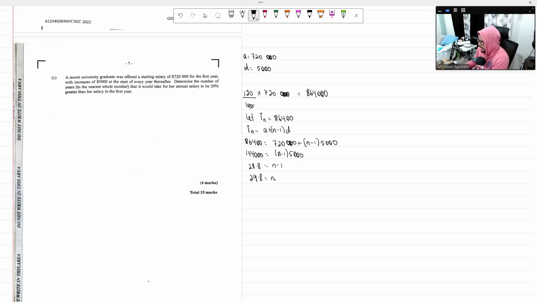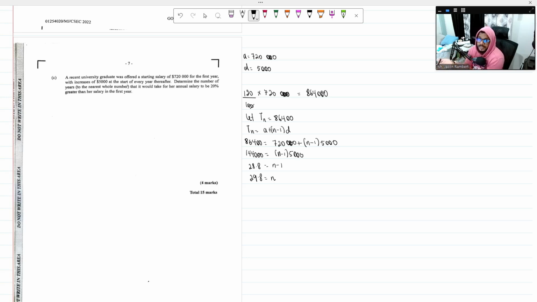But I cannot have n being a decimal like this because I'm looking for some term. Technically, it takes 29.8 years. Oh, they wanted it to the nearest whole number, right?